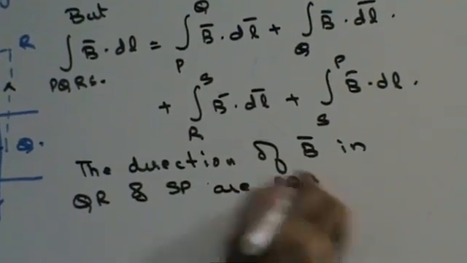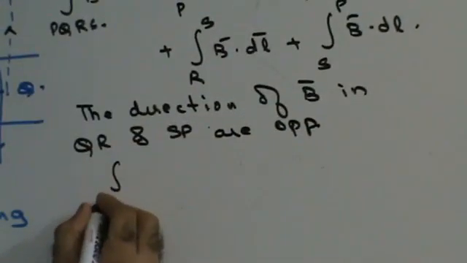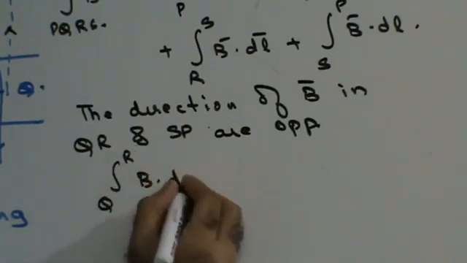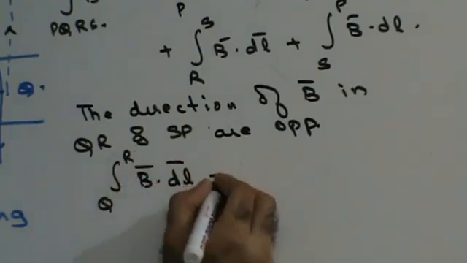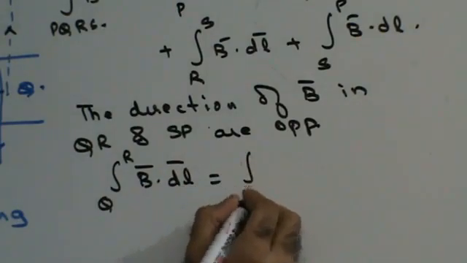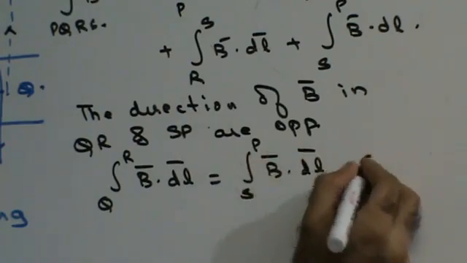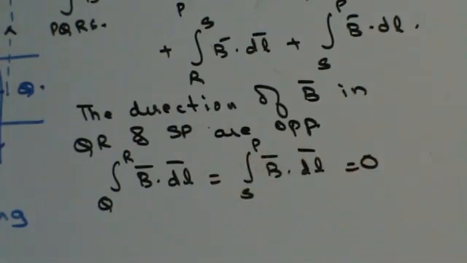They are opposite in direction, therefore I can say that integral of QR B dl should be equal to integral of SP B dl should be equal to 0. Why will they be equal to 0?